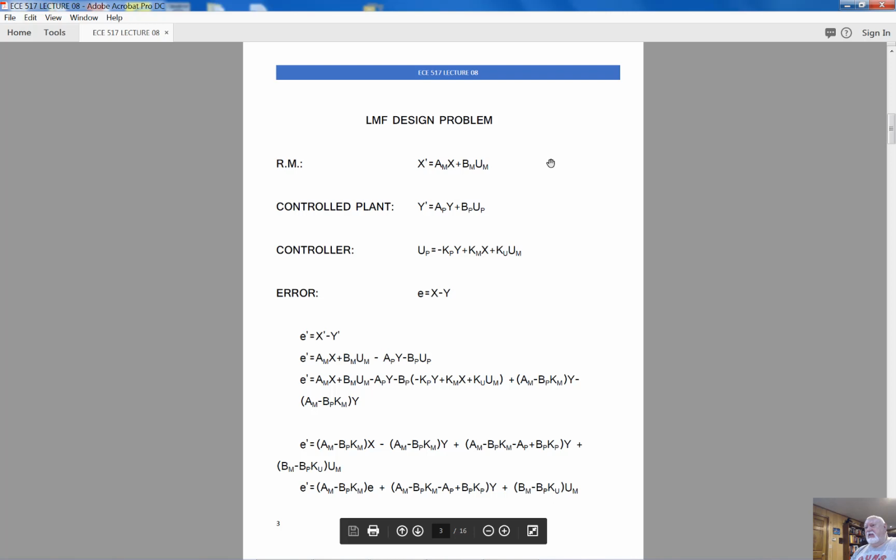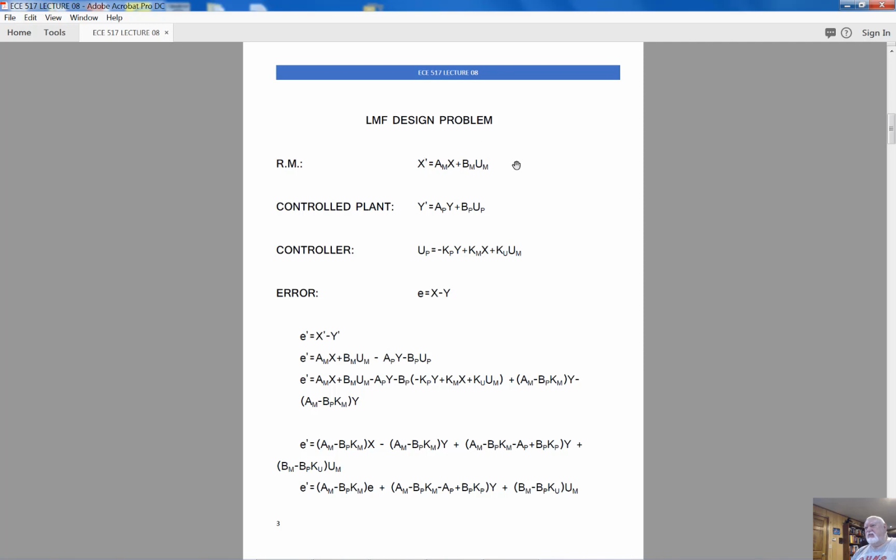Let's consider the linear model following design procedure. We have the reference model that represents the closed loop system dynamics. The signal UM is supposed to be an external signal. It's not the control effort. It is rather a reference signal.